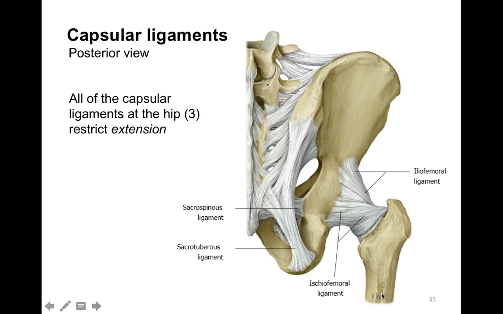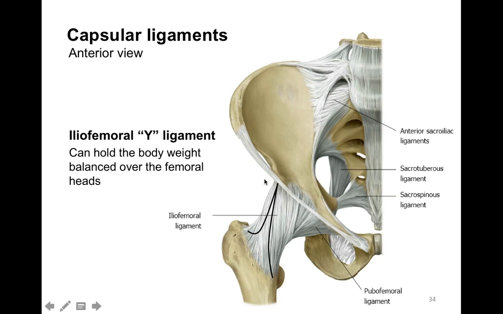So if you imagine this shaft of the femur extending out of the screen at you, you can imagine the ischiofemoral ligament tightening as well as the iliofemoral ligament. Same with the pubofemoral ligament. Pushing the femur into your computer screen in hip extension would also result in the tightening of the pubofemoral ligament.